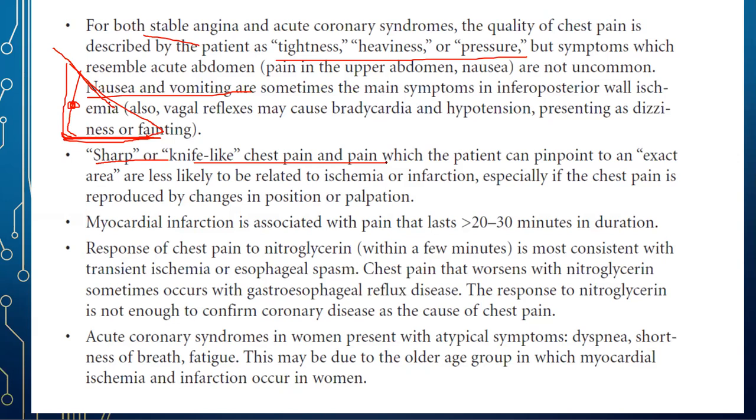And the special characteristic of pericarditis pain is that it gets worse when the patient lies down and it gets better when the patient leans forward. Also, if the patient takes a deep breath or inspiration, the pain gets worse. Clear?